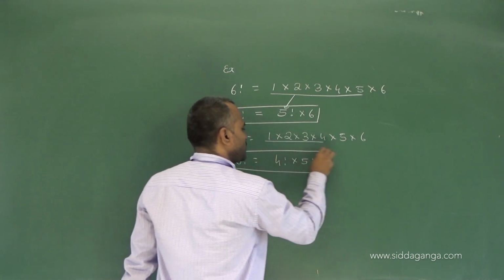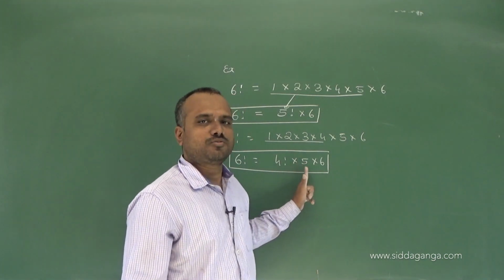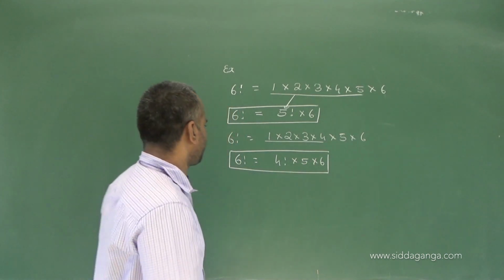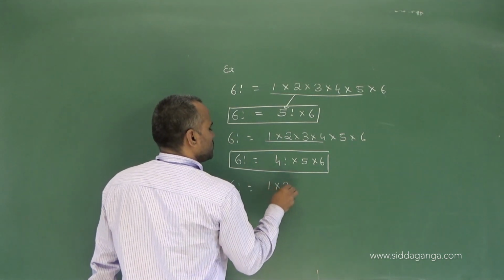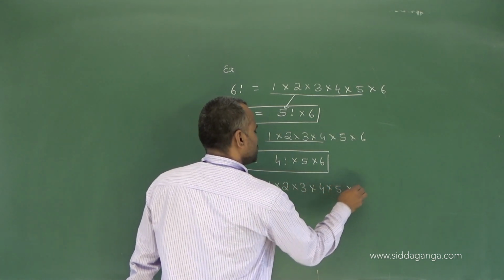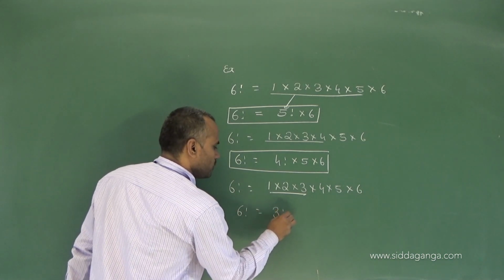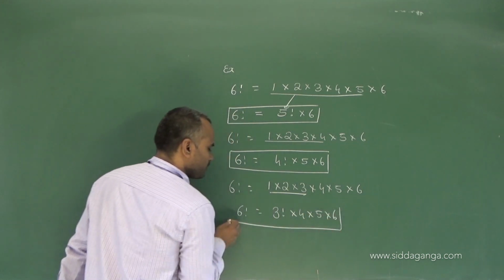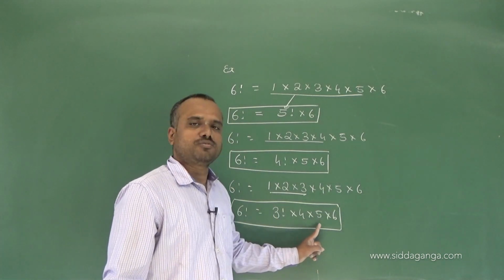Correct? 6 factorial can also be written as 4 factorial into 5 into 6. Again 6 factorial, up to these 3 if I take, 3 factorial into 4 into 5 into 6. 6 factorial we can also write as 3 factorial into 4 into 5 into 6.